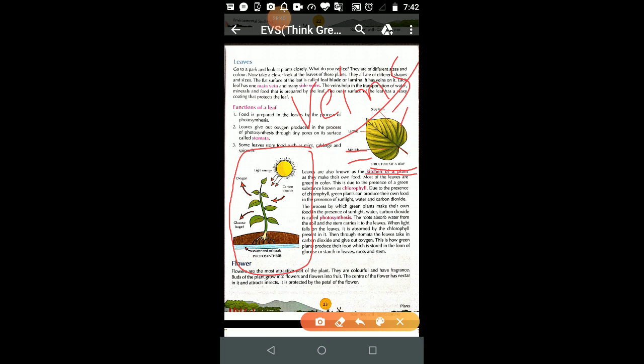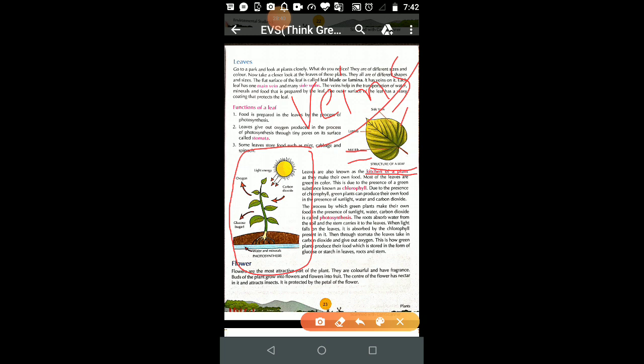Okay, and carbon dioxide, from where are we getting the carbon dioxide? See student, at the time of breathing, animals and human beings take oxygen, and they are getting this oxygen from the plant. That is also our living gas.